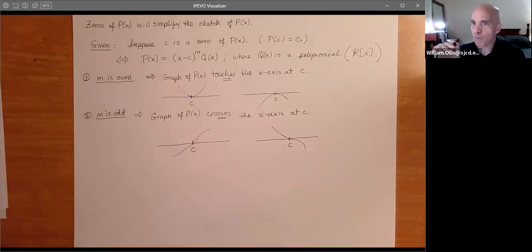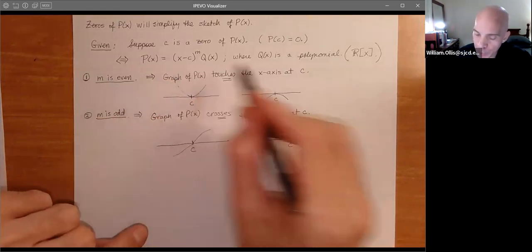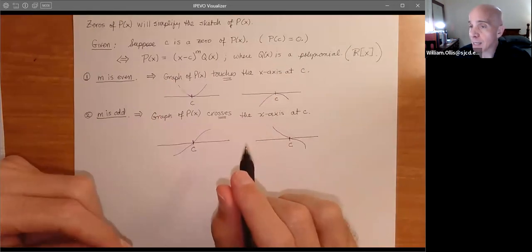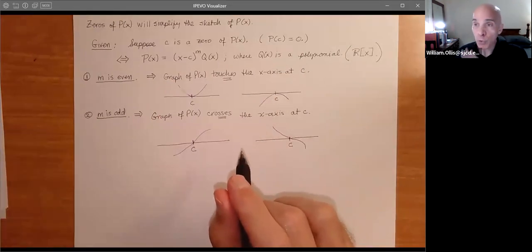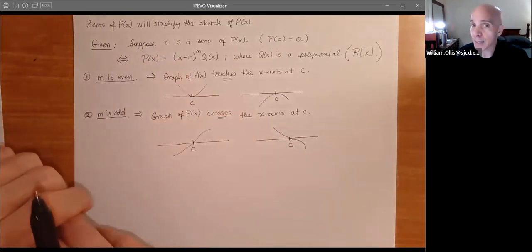It's not the graph of the function, but I sometimes will just draw what appears to be a graph, saying we know the values here must be positive because of the multiplicity being 1. We've got a cross, so we're going to go from positive to negative and then back to positive. So this little local behavior in conjunction with the sign test and end behavior can give you an enormous amount. That's why I say it simplifies the sketch.